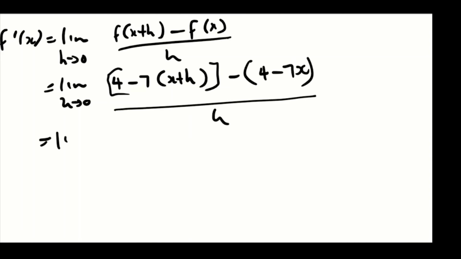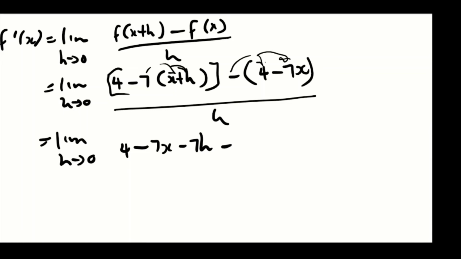So the limit as h approaches 0, it's going to be 4 minus, so the 7 will multiply everything inside, so it's 7x minus 7h, minus, so this minus will multiply everything inside here, so you have minus 4, plus 7x, divided by h.